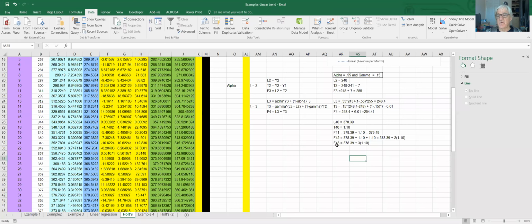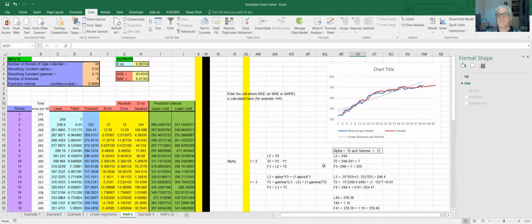And similarly, if you want to make a forecast for period 43, you start with the level of 40, and you add now 3 trends. And this is how you make future forecasts.